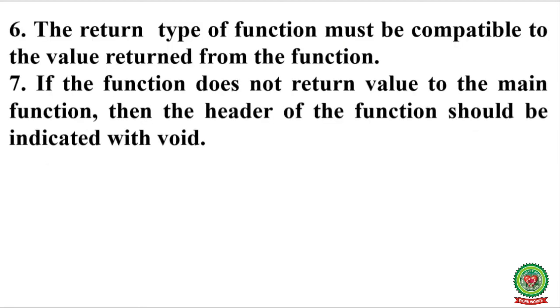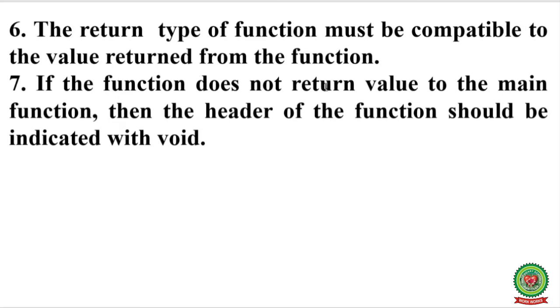Number 6, the return type of the function must be compatible with the value returned from the function. For example, if I am giving public int, it means integer type, so an integer type must return an integer value. Double type must return a double value. Float type must return a float value.